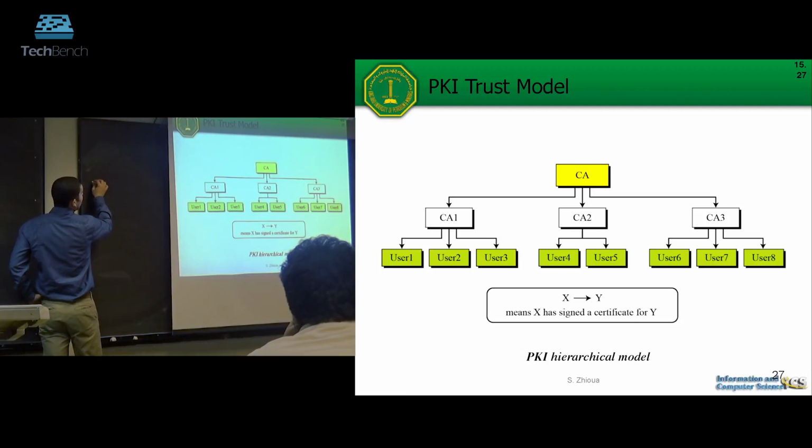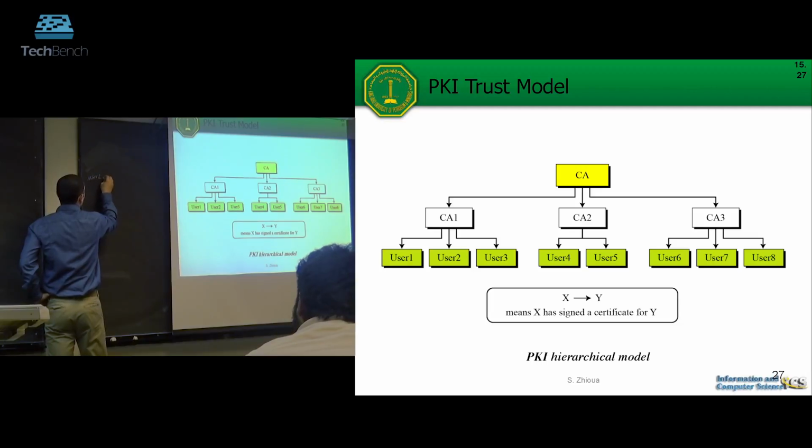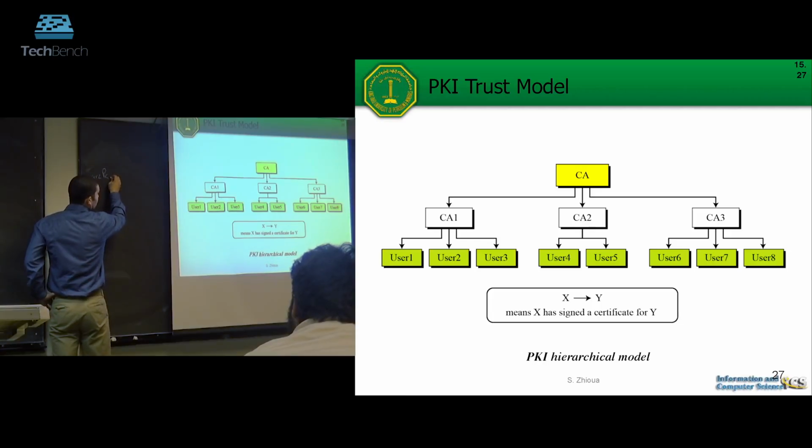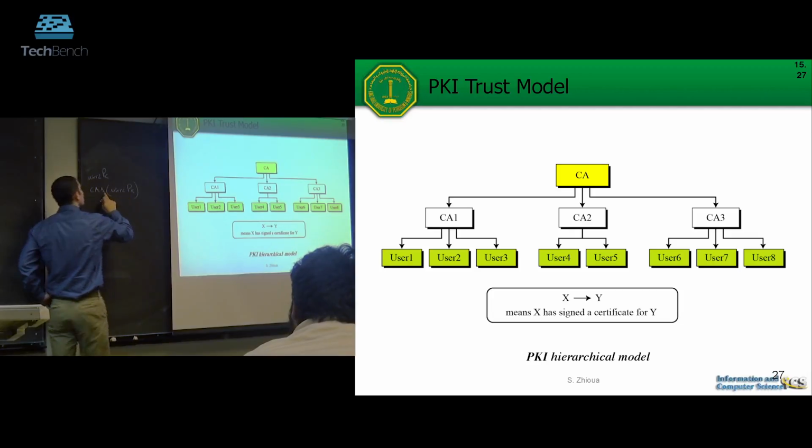It will send two things: user 2's public key, and also CA1 user 2 public key, and by CA1 user 2 public key it means the certificate of the public key of user 2 issued by CA1.